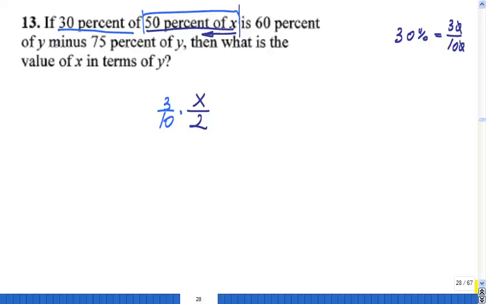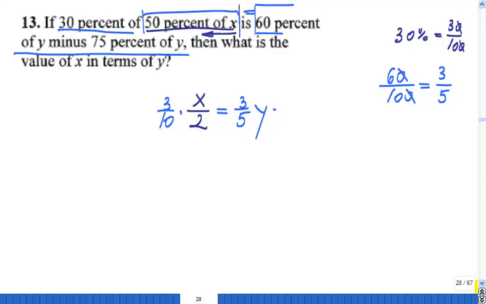Now 60% of y minus 75% of y, on the other side, because this will be equal. 60% of y is 60 over 100, which is 6 over 10, which is 3/5.